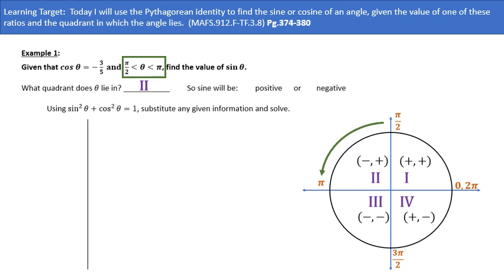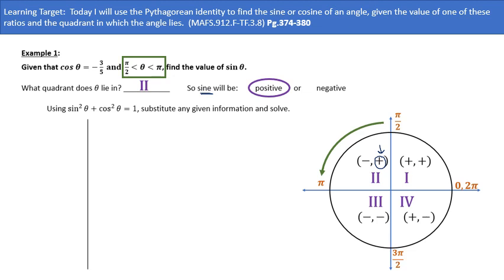Now, here's the key thing. We're in the second quadrant, and we're asking you about sine. Sine is the y value. So what's sine going to be in the second quadrant? Positive. So far, so good.